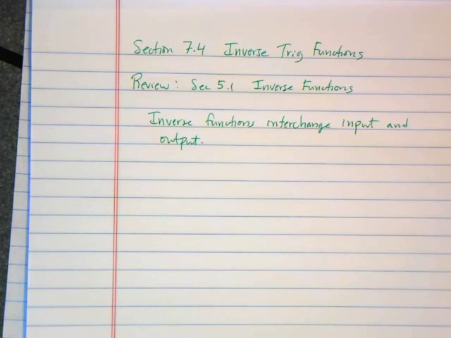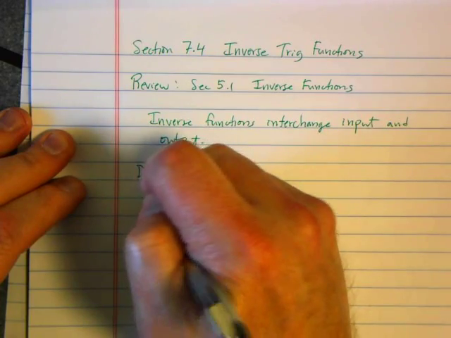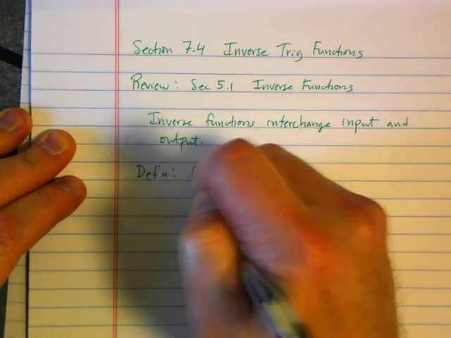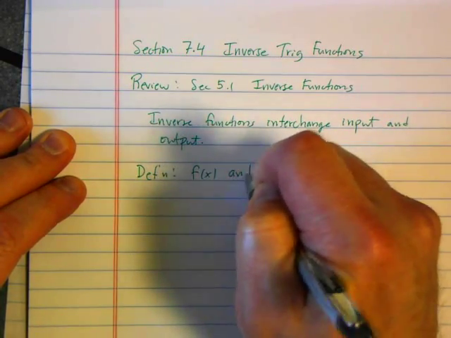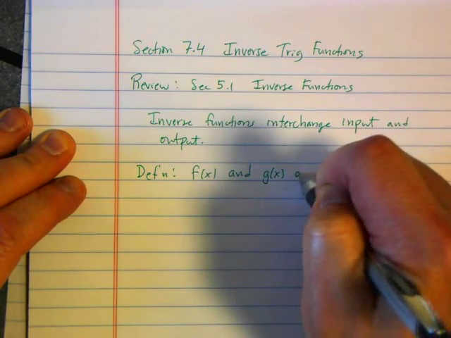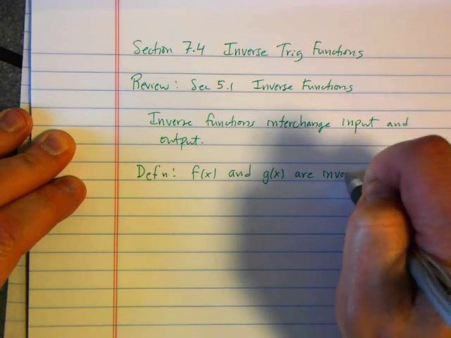What does it mean to be an inverse function? So, definition. f of x and g of x are inverses if two things have to happen.